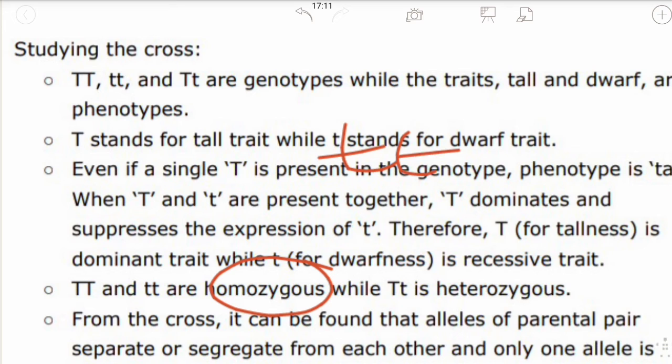Similarly, small t small t is homozygous. Understood? But capital T and small t is heterozygous because they have different alleles of a particular gene. Here hetero refers to different. Capital T and small t are different alleles. Simple.